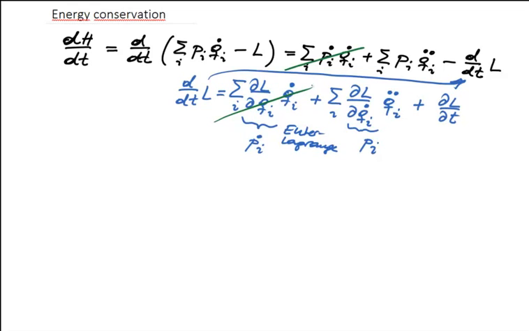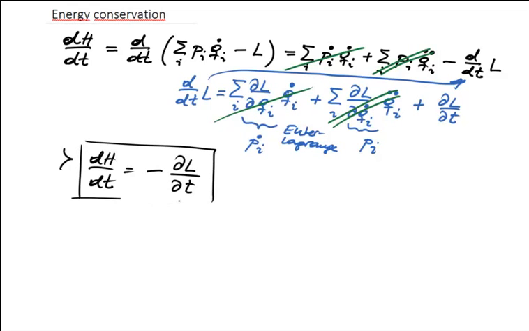Likewise, we have the sum over i of p_i q_i double dot. These terms too cancel. What remains is that the total time derivative of the Hamilton function is given by minus the partial derivative of the Lagrange function with respect to time.